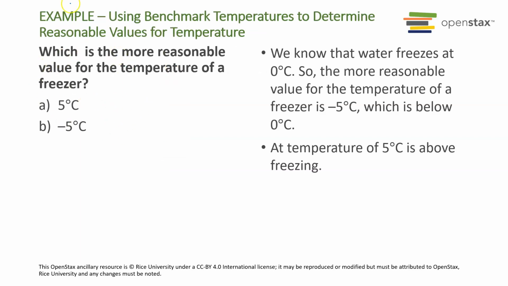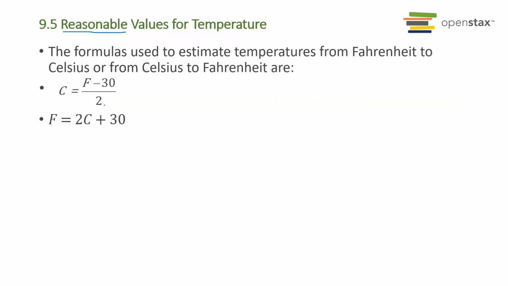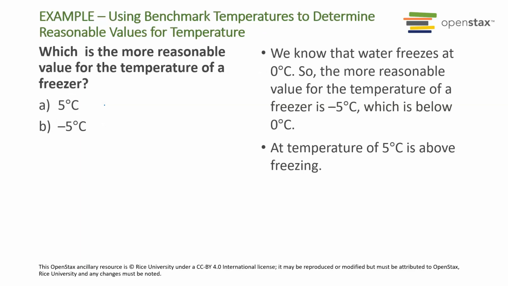So, for example, if you had something like this, what's a reasonable value, and you didn't want to pull out a calculator, then what you would do is we have 5 degrees Celsius. So if we wanted to convert that to Fahrenheit real fast in our brain, what we could do is we could double it and add 30.